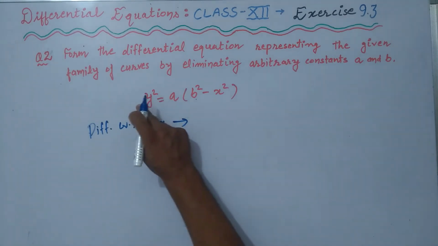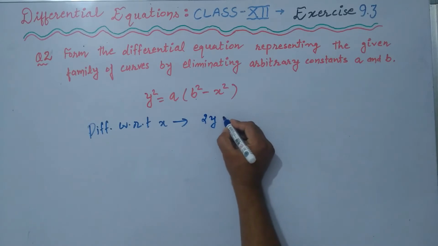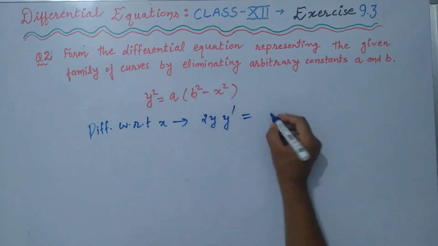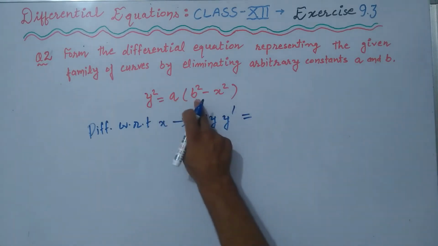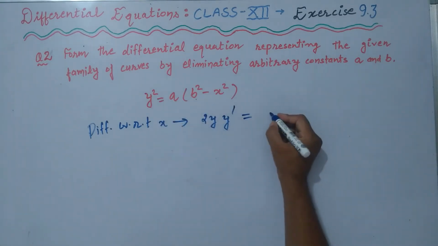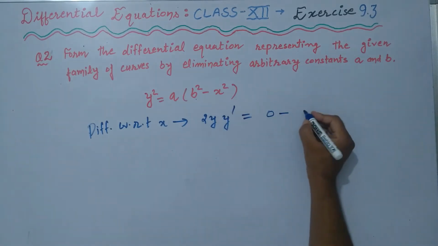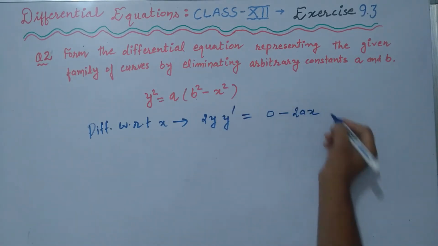We have y square derivative becomes 2y into y dash, right side becomes a into b square, the derivative will be 0, minus ax square, derivative will be minus 2ax.